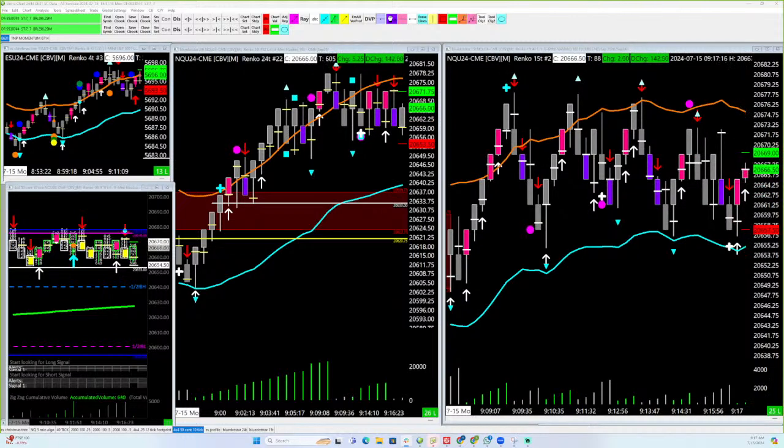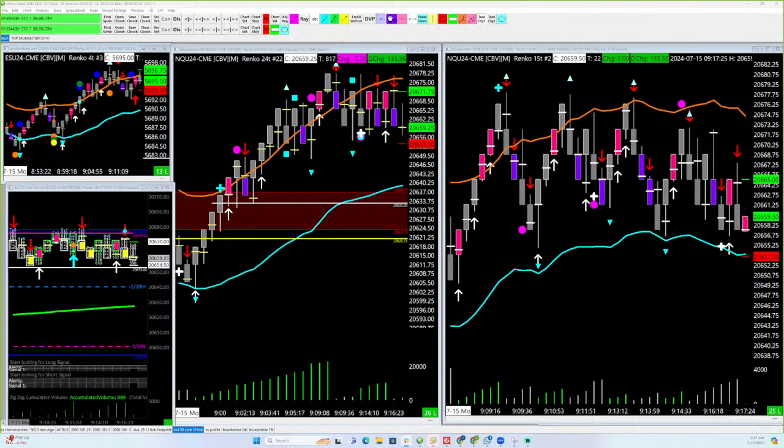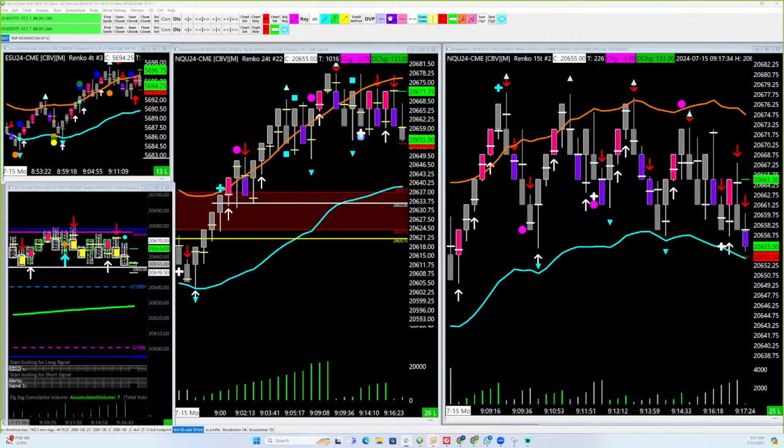We've just gone into a 20-point range since 9 o'clock, 78 to 58, basically. Chop, chop, chop. But no sellers.